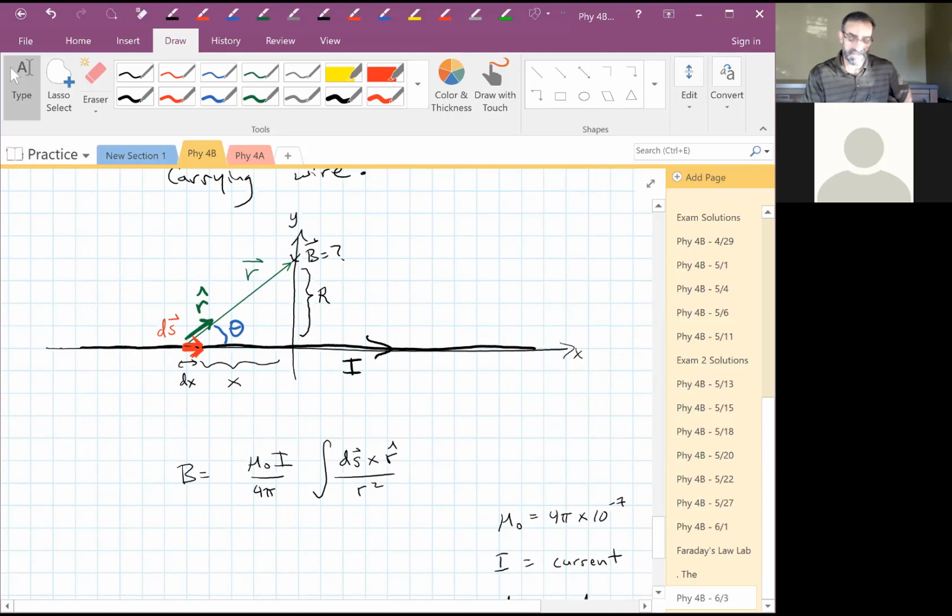So if you can never remember what direction, given x and y, z points, is it out of the page or into the page? It's a right-handed coordinate system. It's a cross product between x and y, basically, to get z. So you put your fingers in the direction of x, you roll them toward y like you're doing a cross product, and your thumb points in the direction of z.